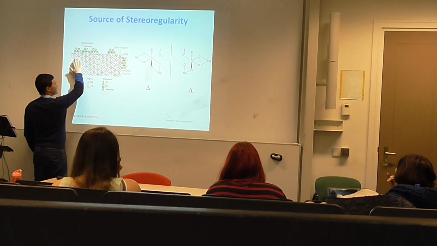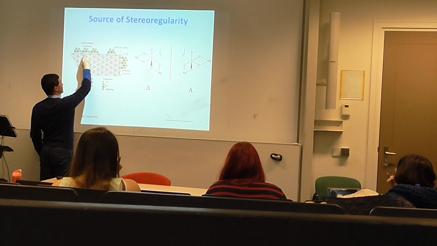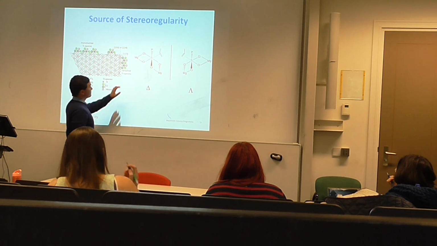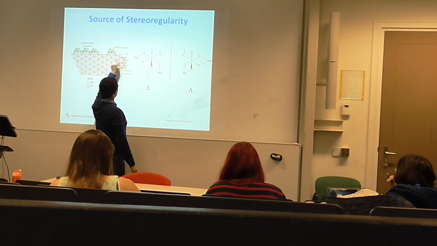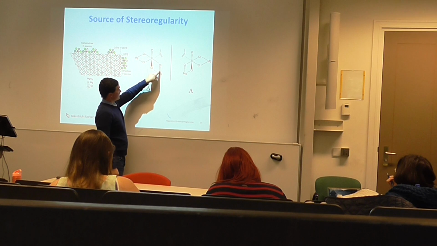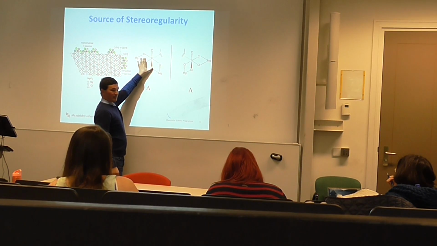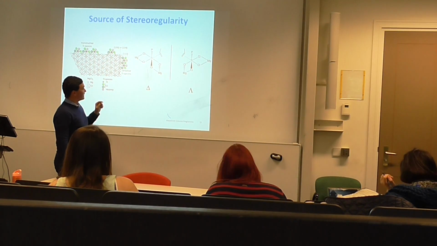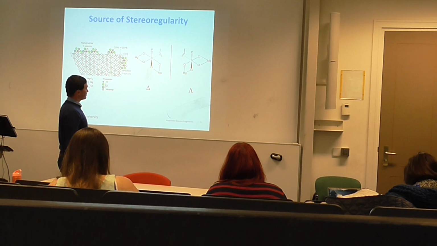Now this is a schematic representation of the Ziegler-Natta catalyst. We will see this later. Here is magnesium chloride, where your titanium can coordinate, and the titanium will coordinate the chlorines, which are coordinated to a magnesium in a distorted octahedral configuration, which means that you can have two different kinds of active sites.